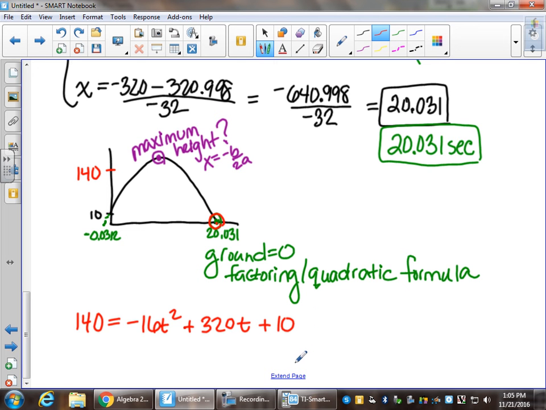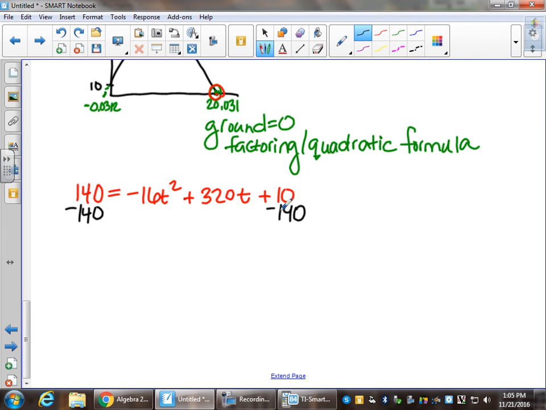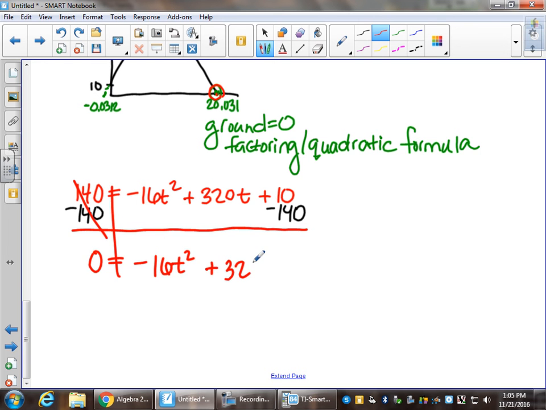Before we could set this into the graphing calculator, it needs to be set equal to, I hope everybody is saying 0 right now. So I would subtract 140 from both sides. And we would now get 0 equals -16t squared plus 320t minus 130.